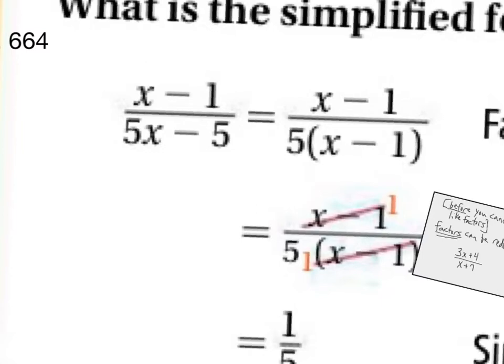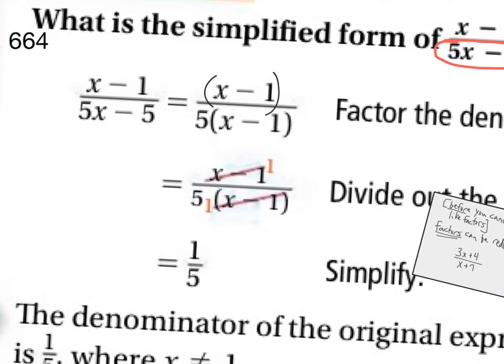And that's helpful to us because in the numerator, we had x minus 1. So in the numerator, we could, if we wanted to, put a 1 in front of that x minus 1, because we are going to be canceling our x minus 1 factors.